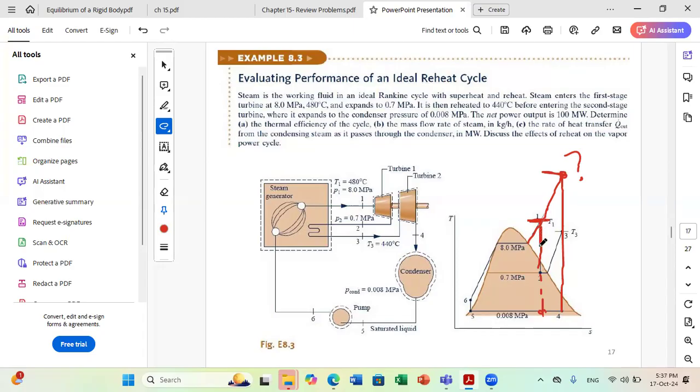First, we expand to an intermediate pressure using the first stage turbine. Then we take the steam at the exit of the turbine and pass it again through the steam generator to heat it to a certain temperature, T3, before expanding it again in the second stage turbine.